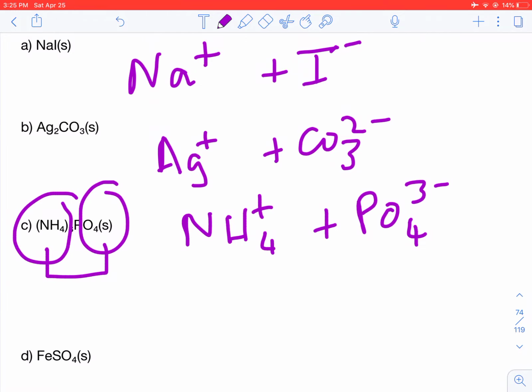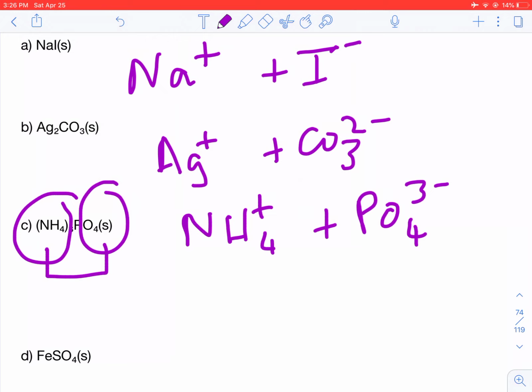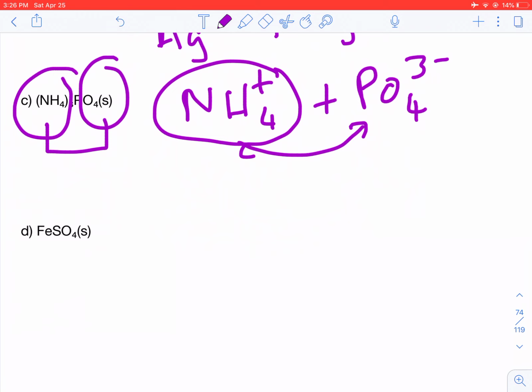So you'll remember when you had to learn your polyatomic ions, ammonium had a plus charge, and PO4 phosphate has a 3 minus charge. So it forms an ionic substance, but within the ammonium ion, the nitrogen and the hydrogen are bonded covalently, right? And then here our would be 2 plus, SO4 2 minus.